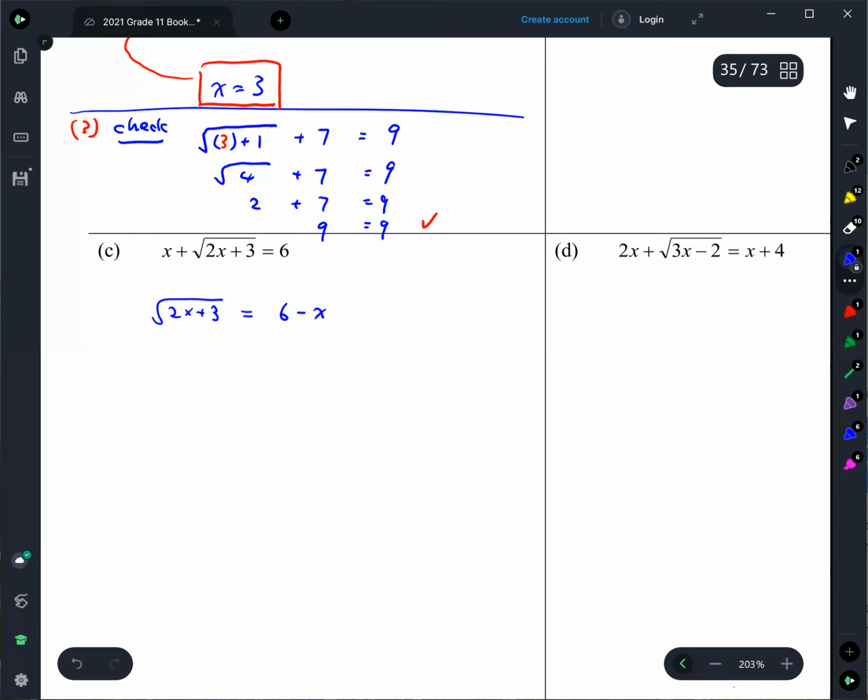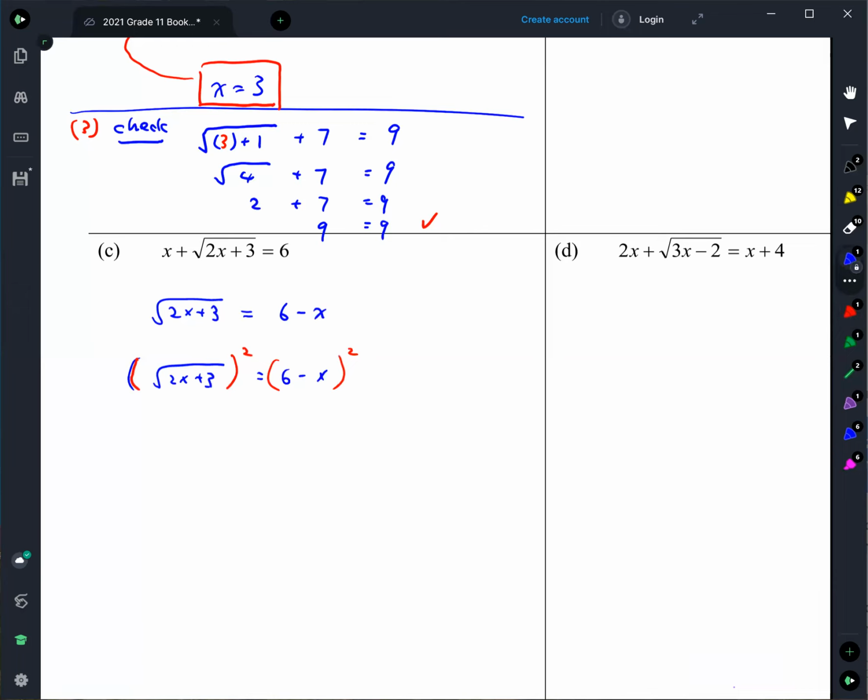And Aaron, what is the next step now? You square both sides. Yep. So we are going to square both sides. I'm going to do it slowly. So it'll be left side squared, right side squared. Left side squared is very easy, it just cancels out the square root. What about the right-hand side?